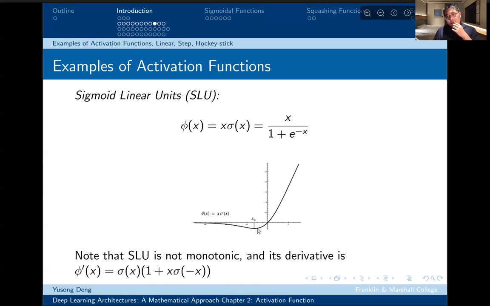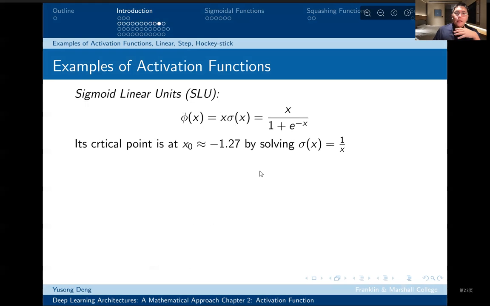So that's the sigmoid linear unit function, and its critical point x0 is approximately negative 1.27. You can solve it by solving this, where sigma(x) equals 1 over x.